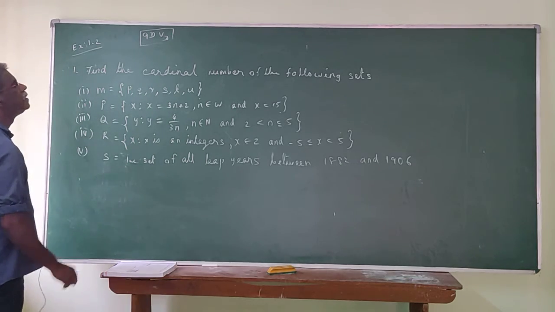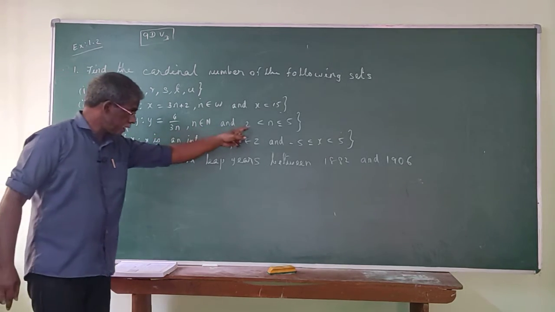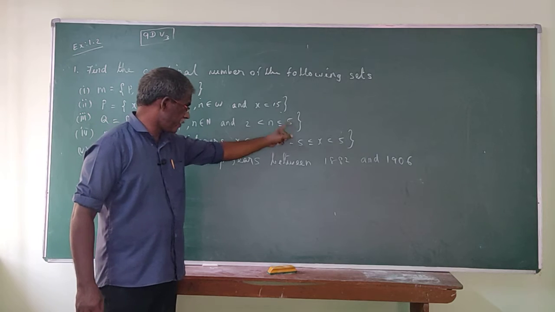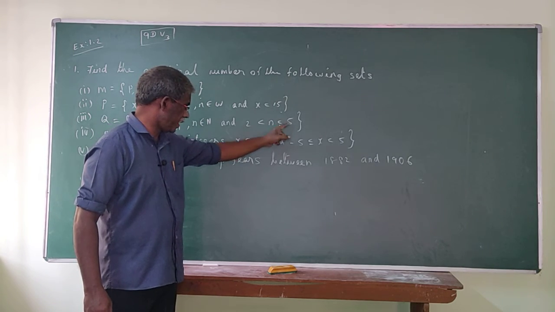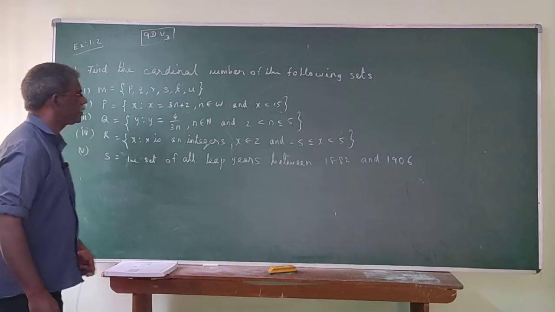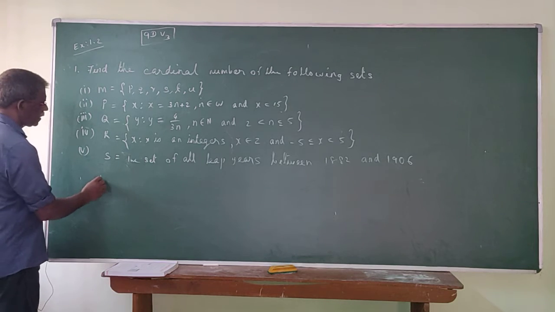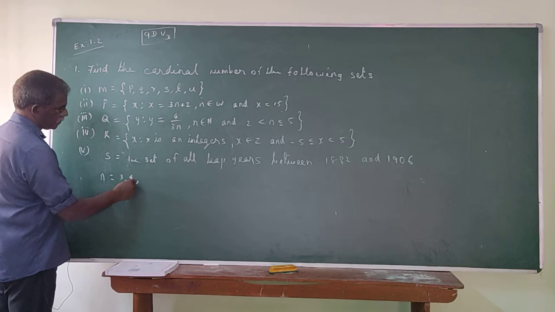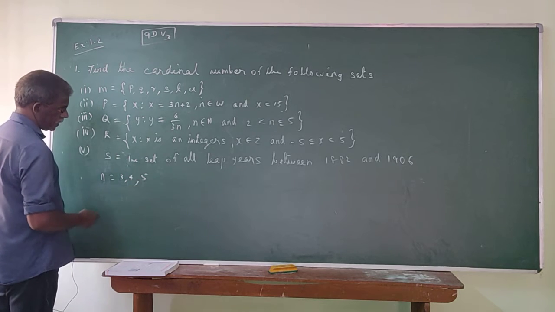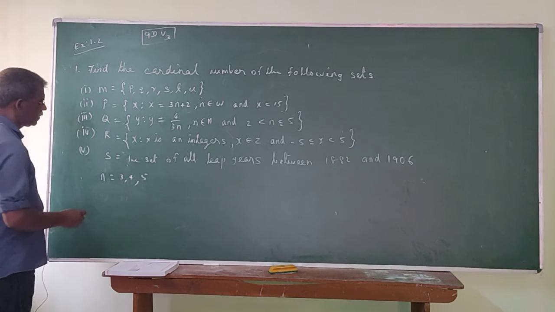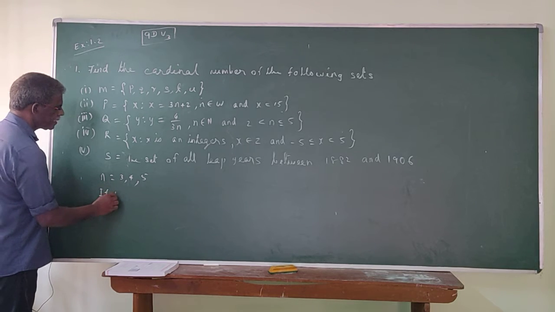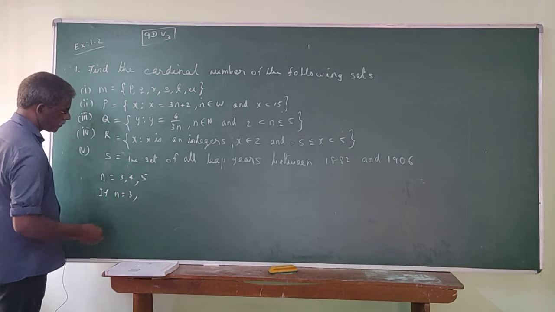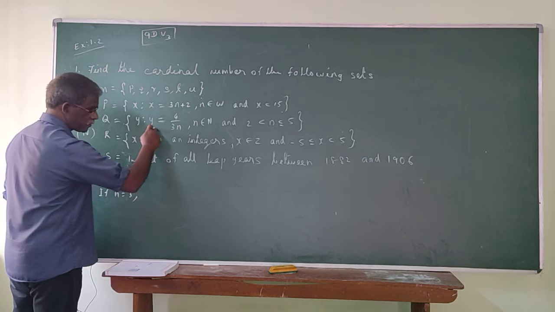Third question, where n is between 2 and 5, that is greater than 2 and less than or equal to 5. That means n is possible as 3, 4, 5. If n is equal to 3, we have to find the values for y.